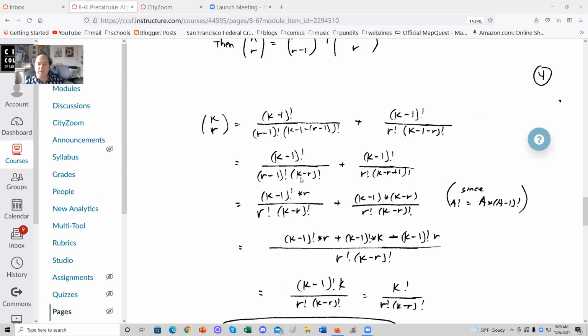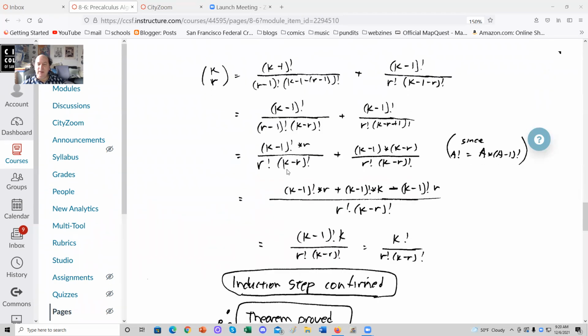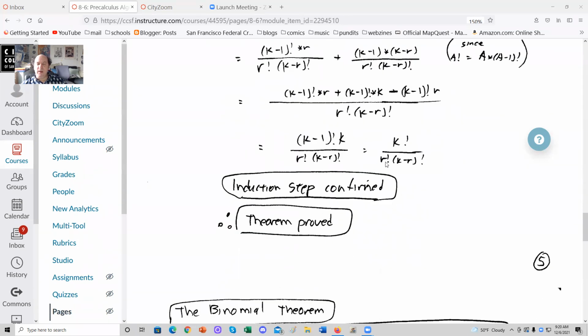And we simplify it a bit, and we do a little bit of algebra. Use that a factorial is a times a minus 1 factorial, so that this will write as this and this as this. And a little bit of work later, we get that it's true for that. Basic algebra, we'll let that be.